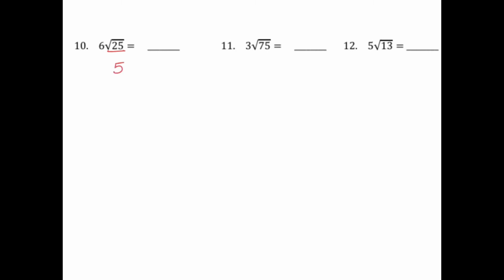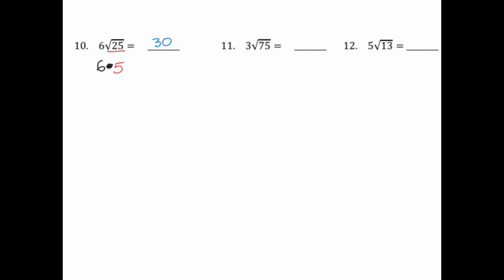And I previously had a 6 outside of the root, so that 6 will multiply. I didn't do the factor tree because I already know that the square root of 25 is 5. So what's my final answer? The 6 that was outside times the 5, which is the square root of 25. So the answer is 30.